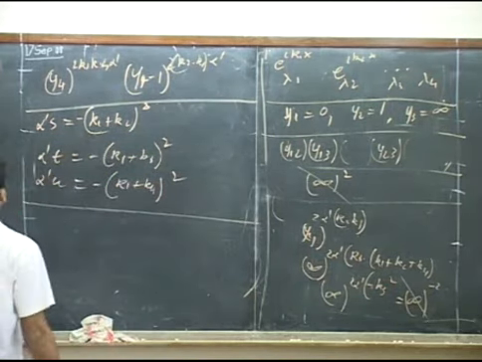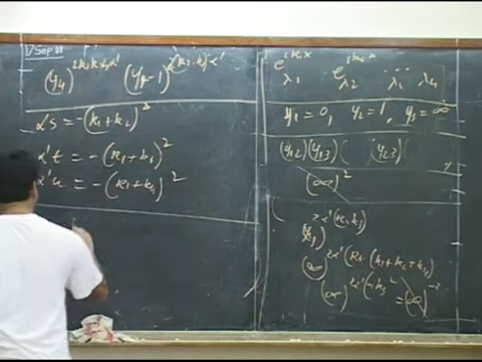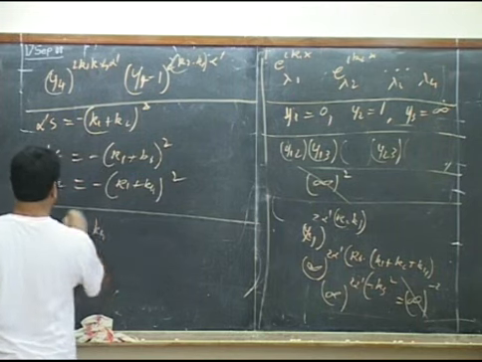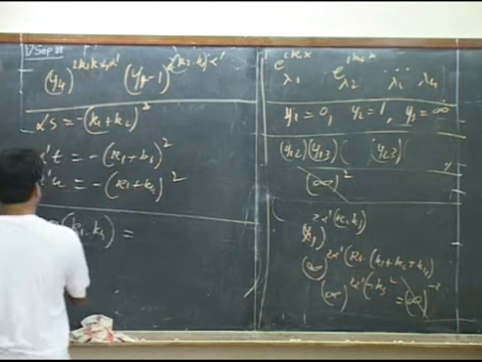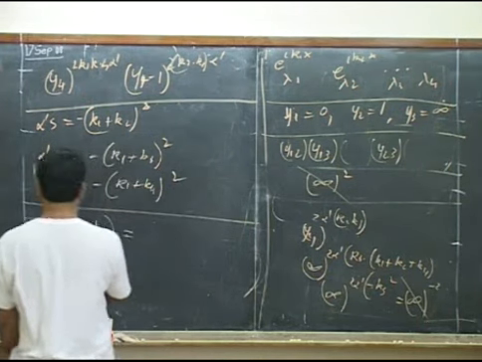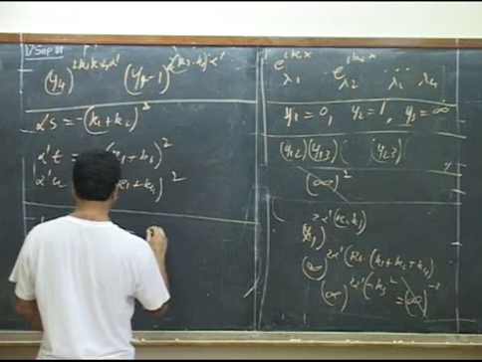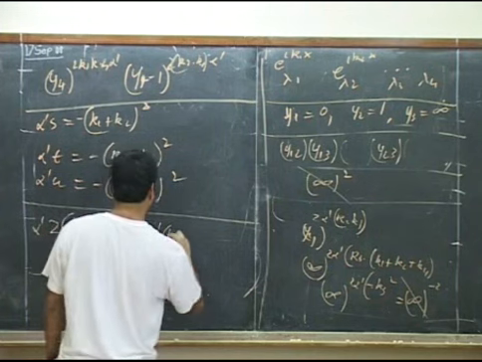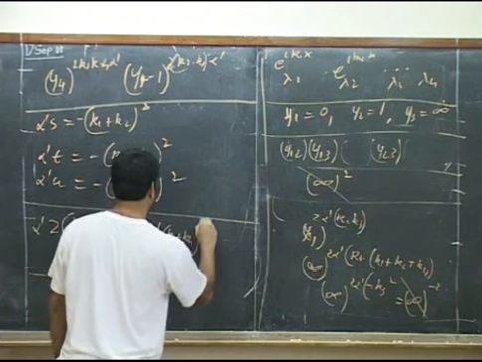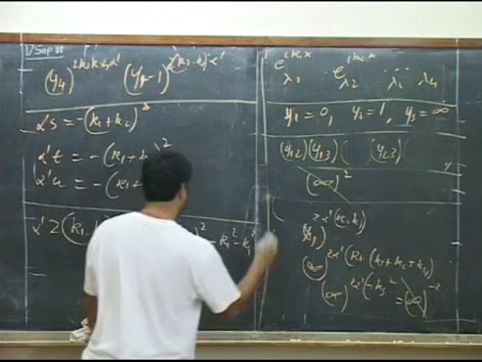Now then, 2 k1 dot k4 with an alpha prime is equal to alpha prime with k1 plus k4 the whole thing squared minus k1 squared minus k4 squared.